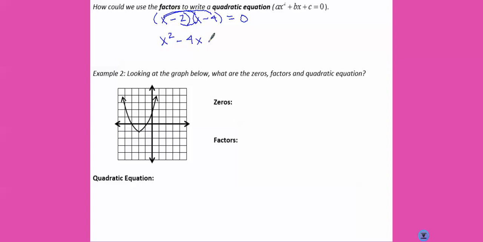Negative 2 times x is negative 2x. Negative 2 times negative 4 is positive 8. Bring down the equal 0. And then I'm going to combine my like terms. So x squared minus 6x plus 8 equals 0. That's my equation.